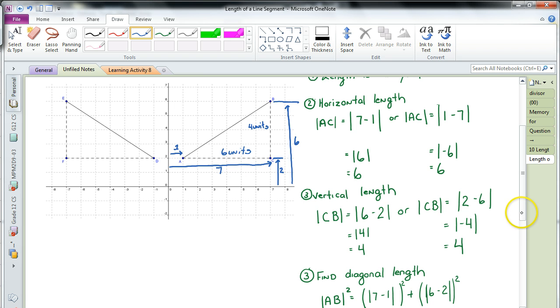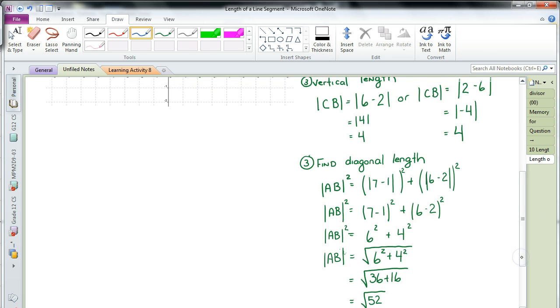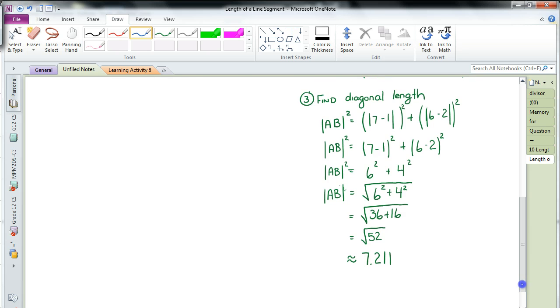So now that I have the two side lengths, I can plug them into the Pythagorean Theorem. I can find the diagonal length. So the length of AB squared is equal to the horizontal length squared plus the vertical length squared. What you'll notice from line 1 to line 2 here is that I've removed the absolute value brackets.